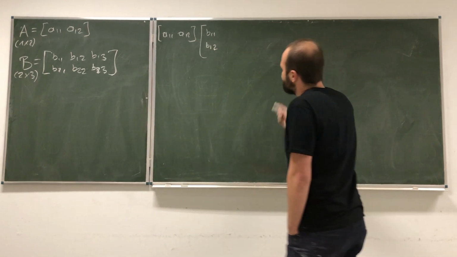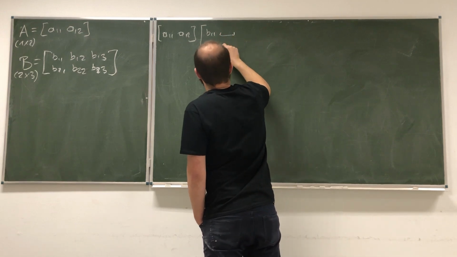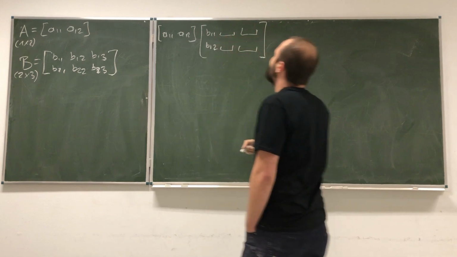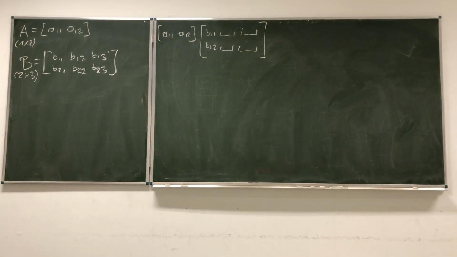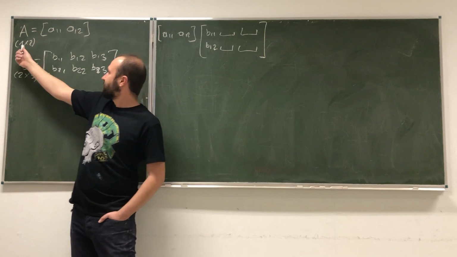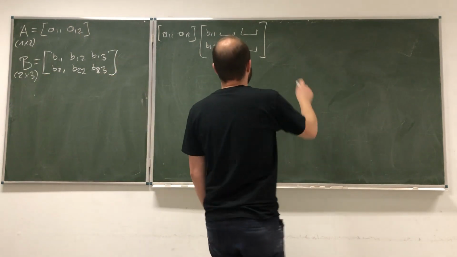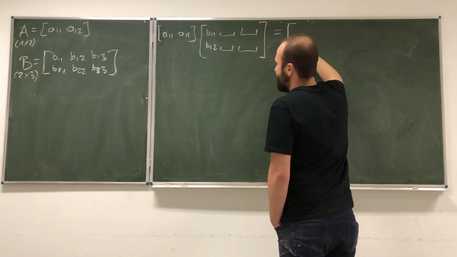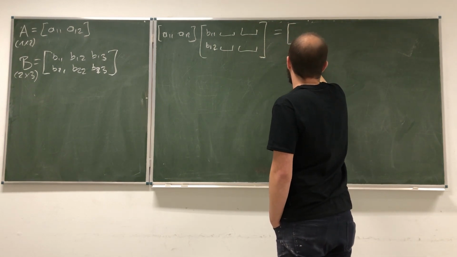And this matrix has some additional elements, right? But for now, it's not important to us. What we know right away is that the new matrix, matrix A times B, will have dimension 1 by 3, right?